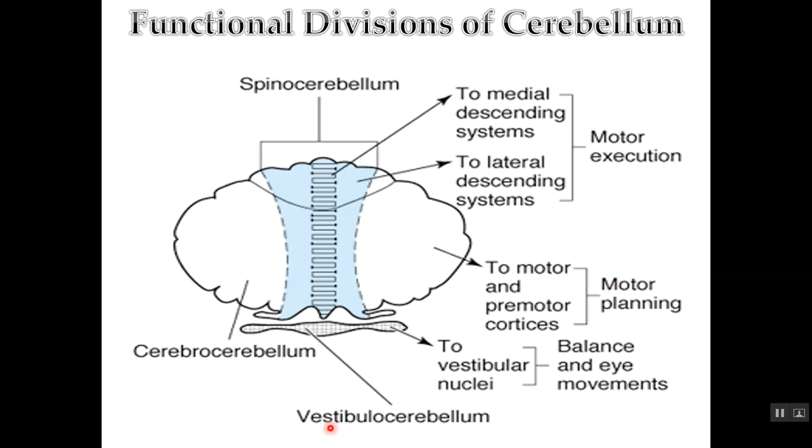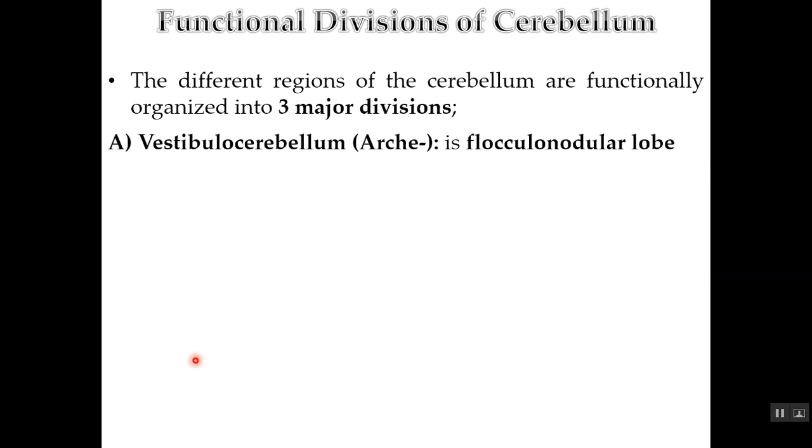So we divide the cerebellum into the vestibulocerebellum or archicerebellum, the spinocerebellum or paleocerebellum, and the cerebrocerebellum or neocerebellum. Again, these are the functional divisions.